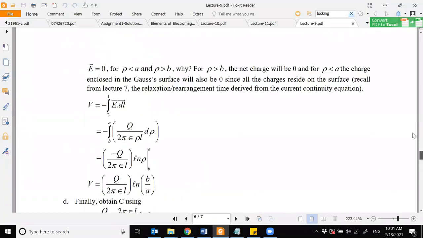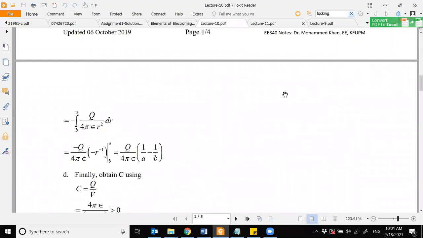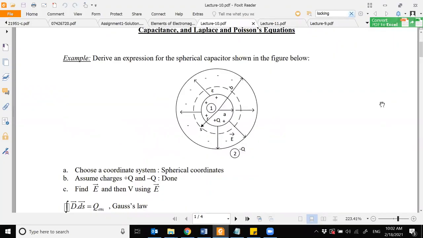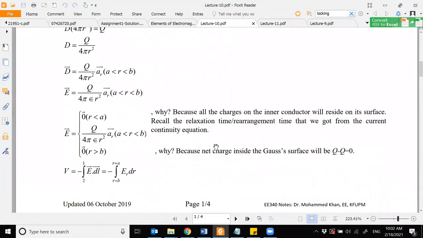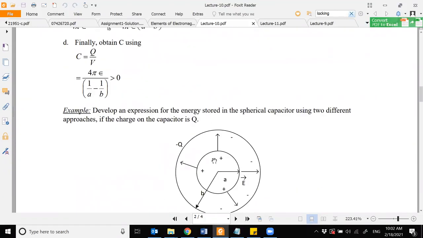So in the last class, we looked at the capacitance. And then we looked at how to derive the capacitance of a parallel plate capacitor, of a partially filled parallel plate capacitor. Then we also looked at the cylindrical capacitor, and for the spherical capacitor, I left it up to you so that you can go through the solution.